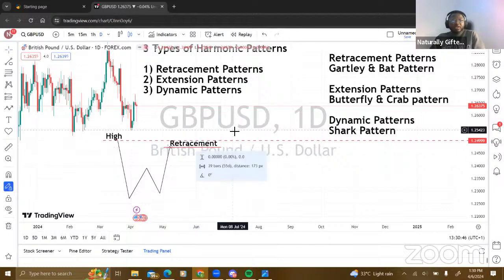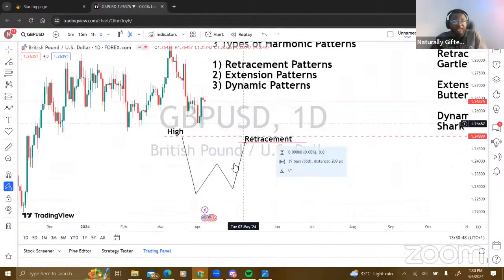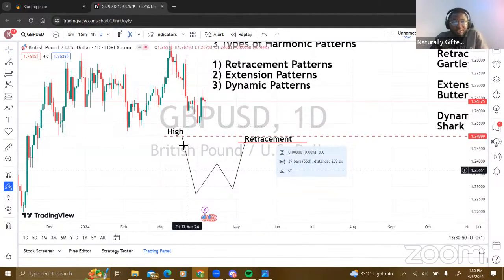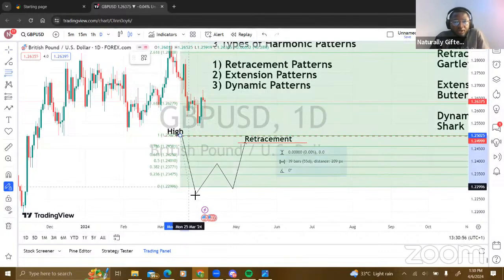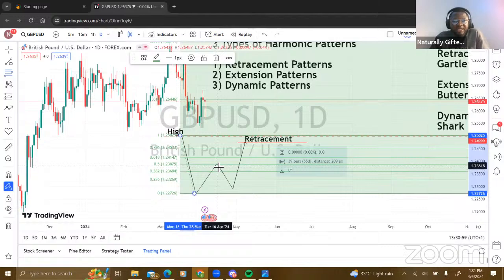Ladies and gentlemen, what this means is that, like I said, these are Fibonacci ratios. When you have your Fibonacci tool and you pick it up from the high to the lowest point, all these levels are important levels. Price would go back to the 0.5 ratio areas, pull down, and then make its way pull back up.